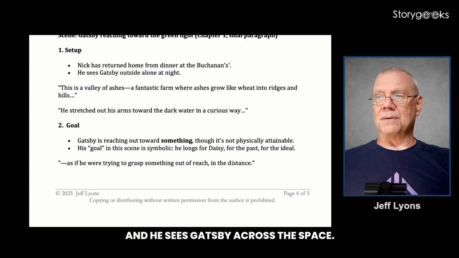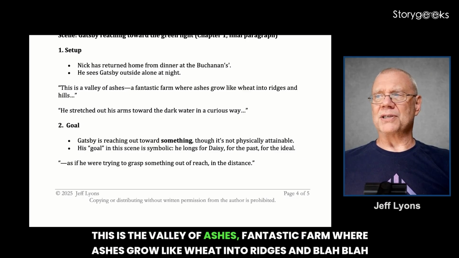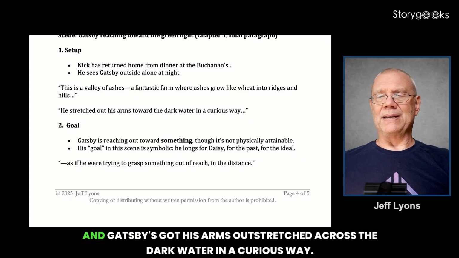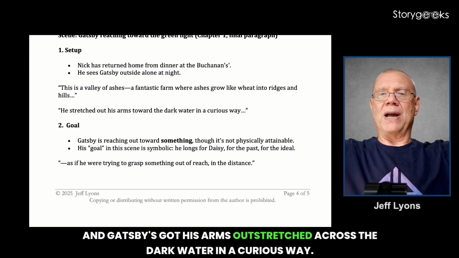And he sees Gatsby across the space. This is the Valley of Ashes, fantastic farm, where ashes grow like wheat into ridges. And Gatsby's got his arms outstretched across the dark water in a curious way. Okay.